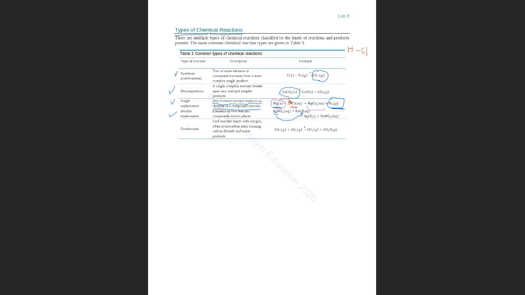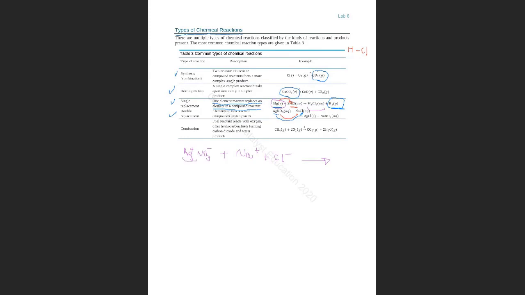And the nitrate is going to be bound with the sodium. So basically, they are changing partners. When you look at this reaction, you say, okay, silver nitrate: you have silver and you have nitrate. And then you have sodium plus chloride.